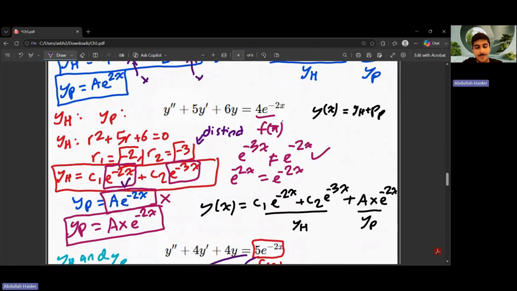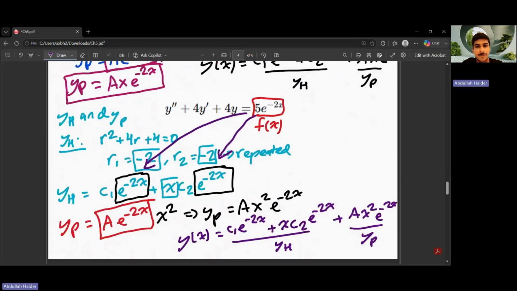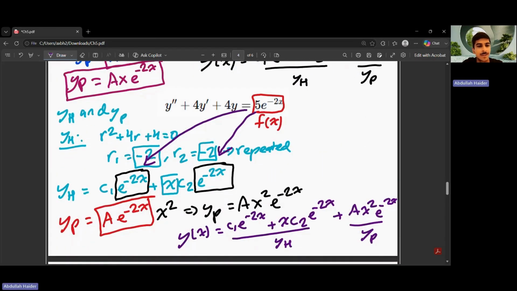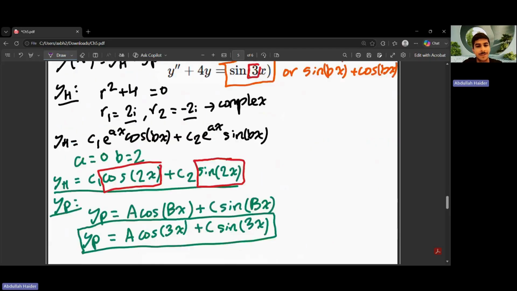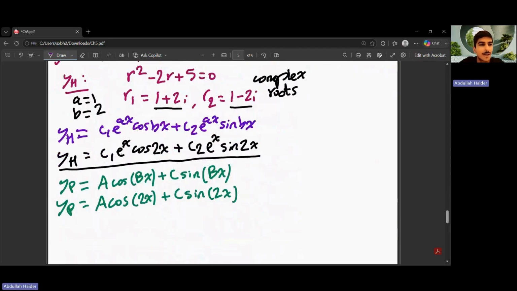Like let's say we had e power negative 2x here, and in the homogeneous solution we have e power negative 2x, so we have to multiply the yp by x, and if we have e power negative 2x in the f of x here, and we have it twice in the homogeneous solution, we'll multiply this by x squared. So it's the same principle over here as well.